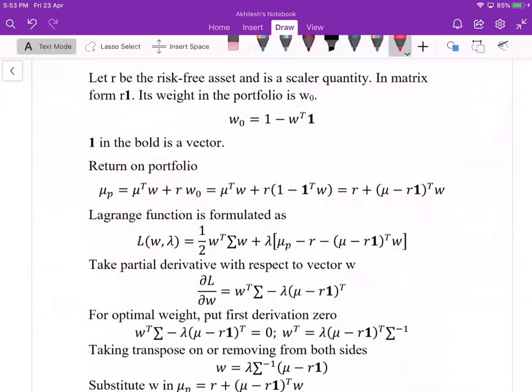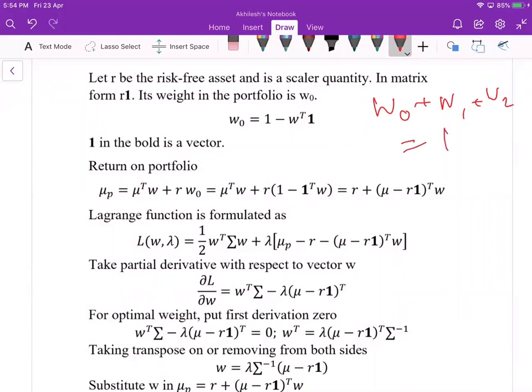Let's now consider a risk-free asset, which has weight W naught. W naught plus the weights of all other assets, W1 plus W2 and so on, equals 1.